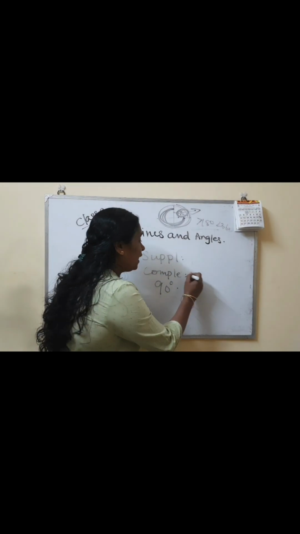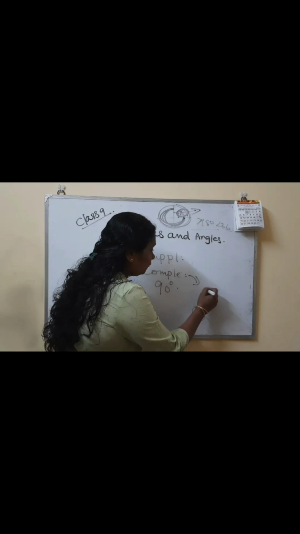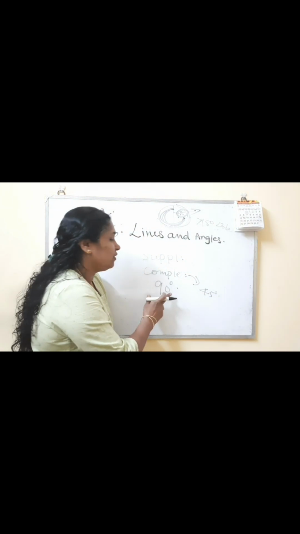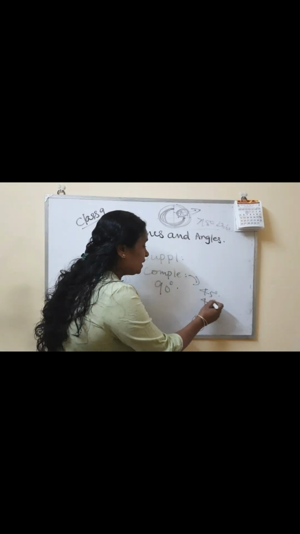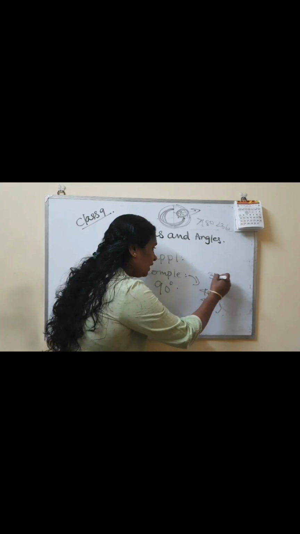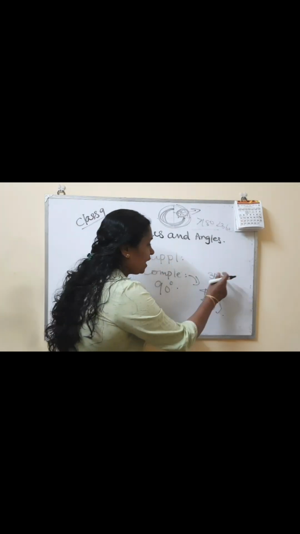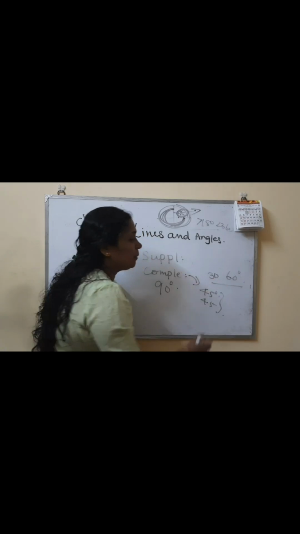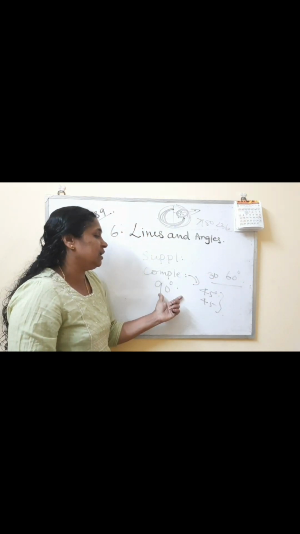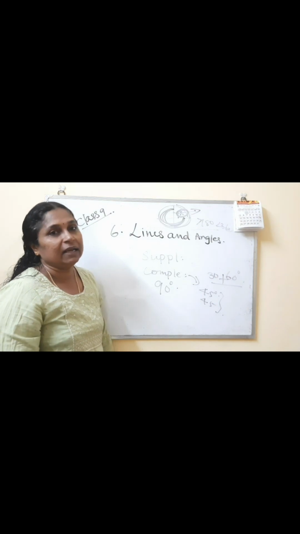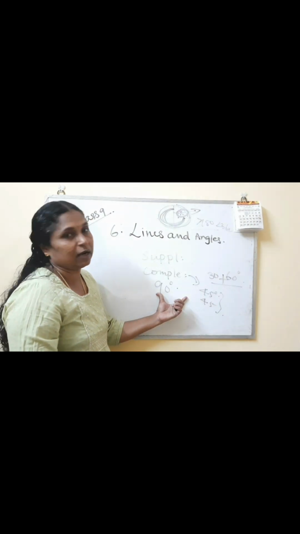So if one angle is 45 degrees, the other angle will also be 45 degrees, because the sum must be 90 degrees. If one angle is 30 degrees, the complementary angle will be 60 degrees, because 30 plus 60 is 90. That is the complementary angle property.